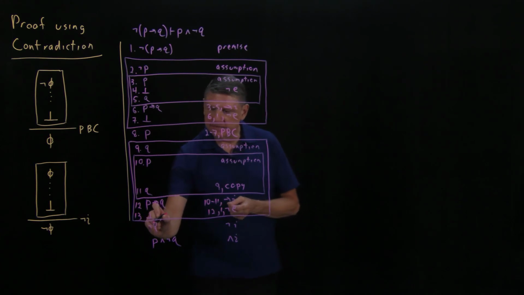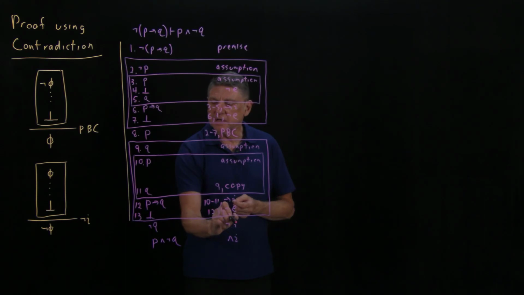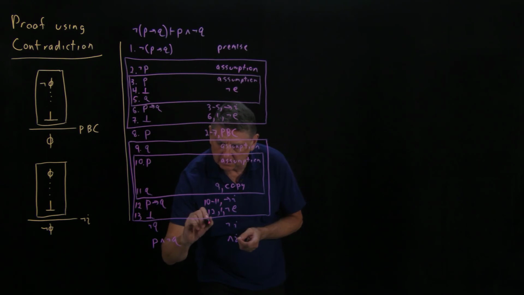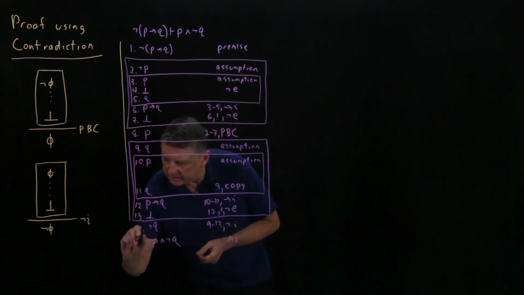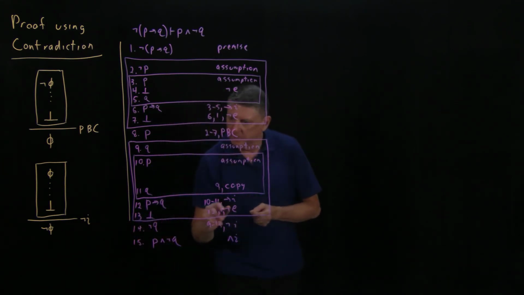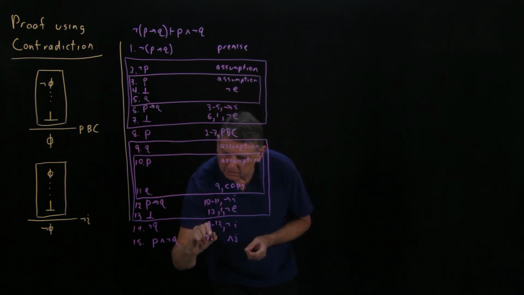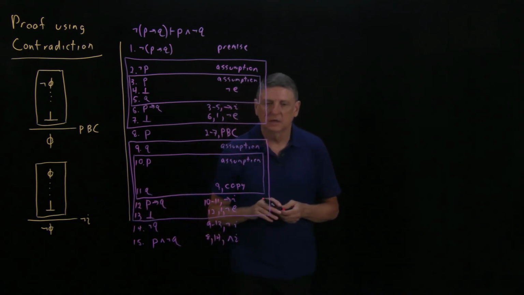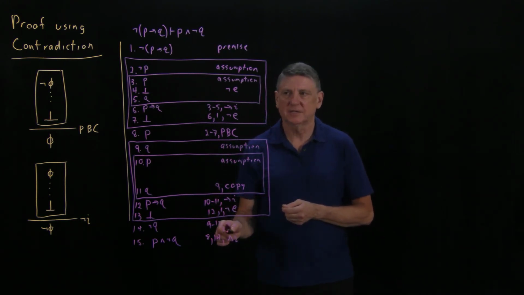I can now say that this came from negation introduction, and that was the reasoning of lines 9 through 13. And that is line 14 of my proof, and line 15 of my proof comes from line 8 and line 14, and I reasoned backwards that this was conjunction introduction.